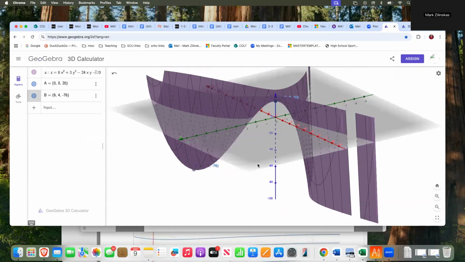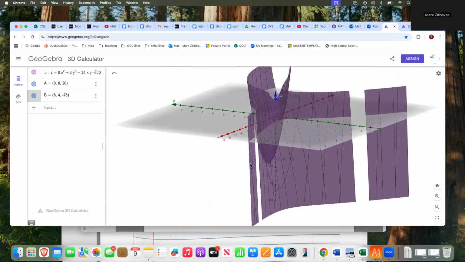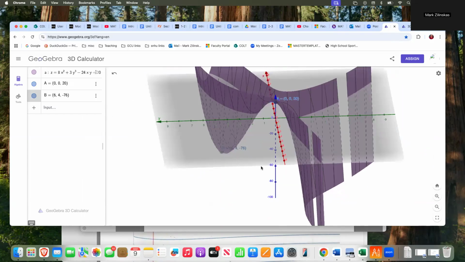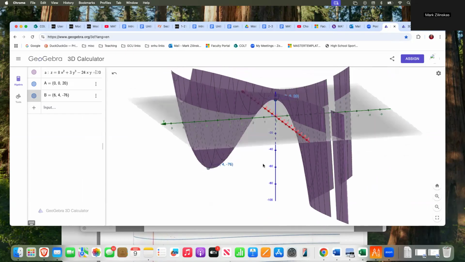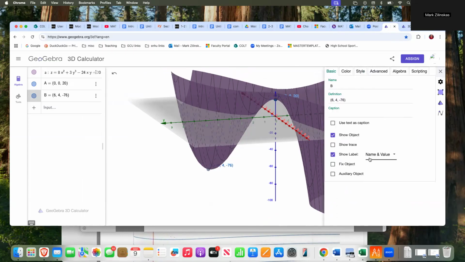And again, if you want to do this, like I said, I think it's a good way to check your work. A couple things here. Number one, you don't have to do this, but you plot the point. Sometimes you have to change these settings. Sometimes it comes up just showing the name of the point. I'll just go ahead and select that.